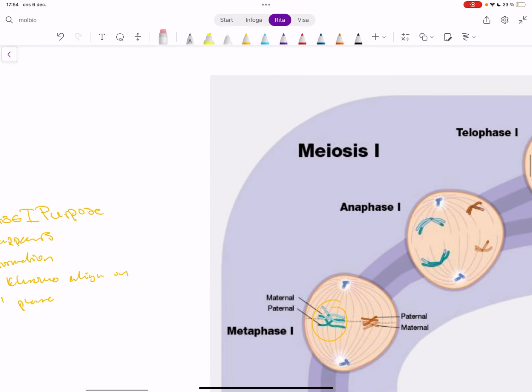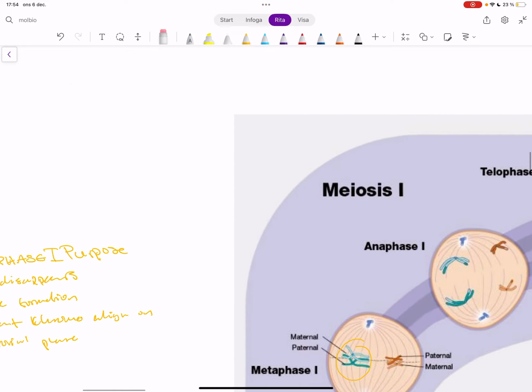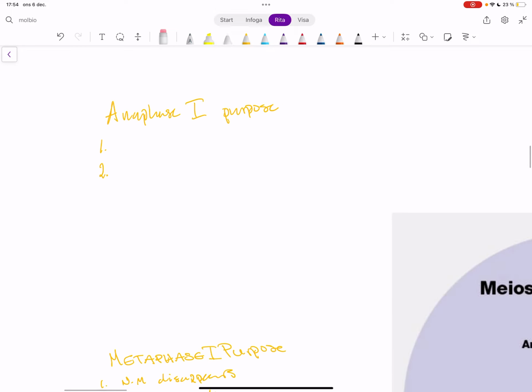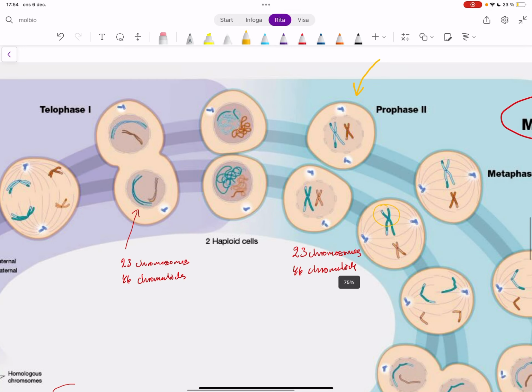Okay, now we go to anaphase. What are the purposes of anaphase? Well, first of all, it is disjunction, so basically separation of the homologous chromosomes, and then also sorting the homologous chromosomes into random combinations into the 2 different daughter cells. And that's it.